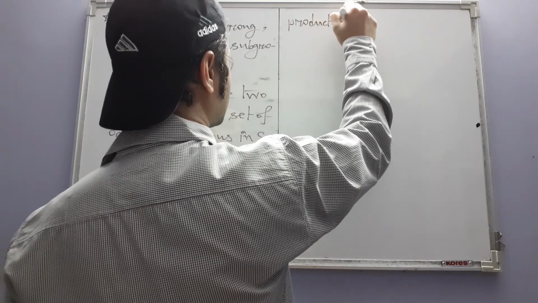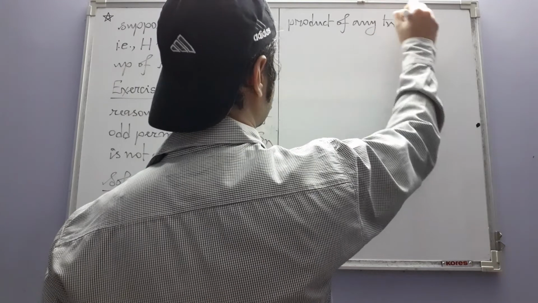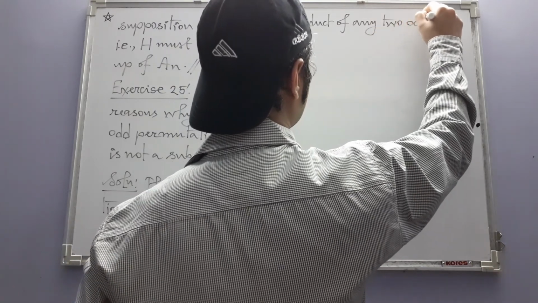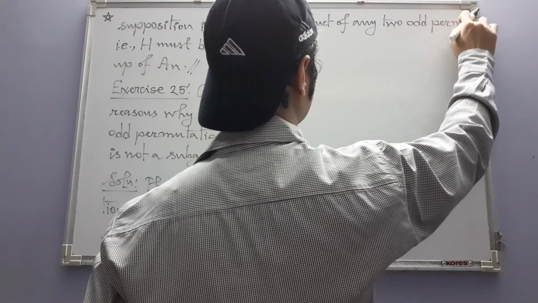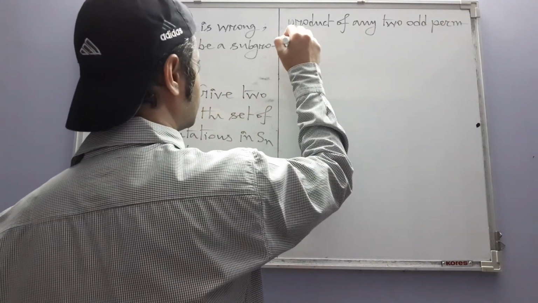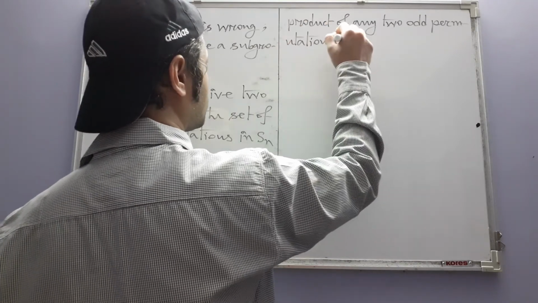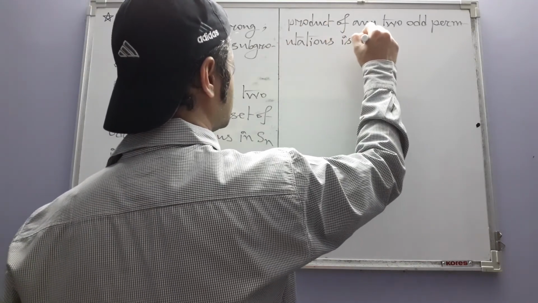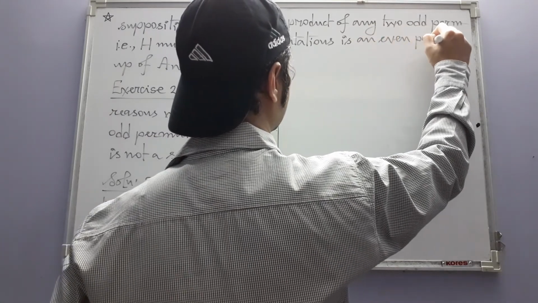The product of any two odd permutations is an even permutation.